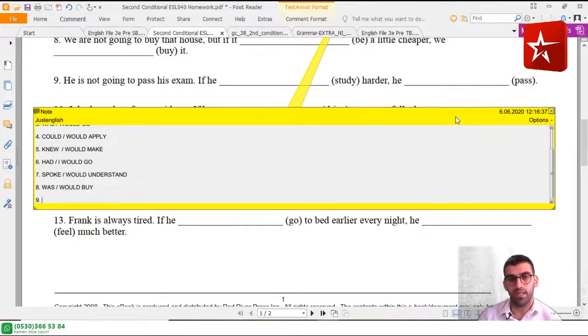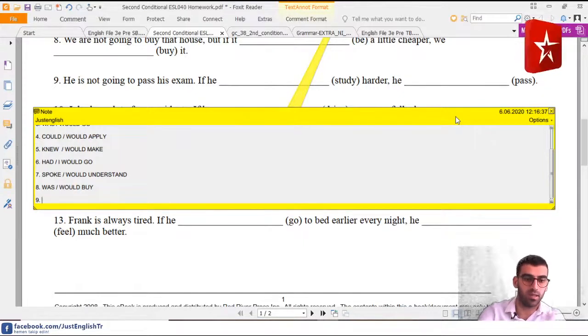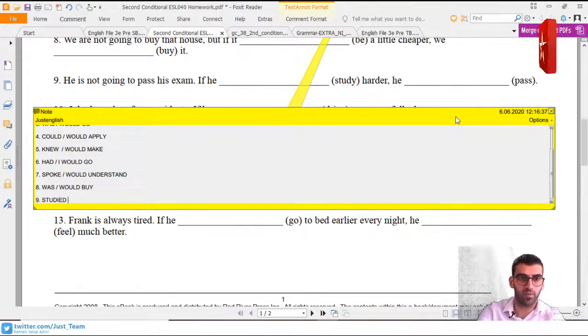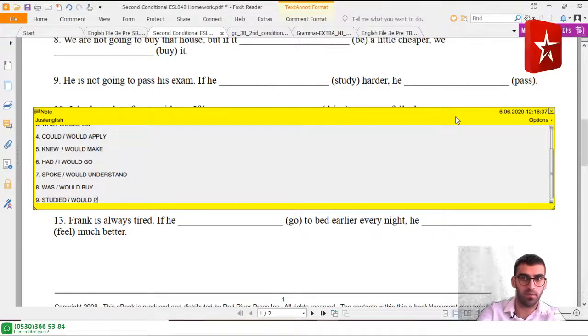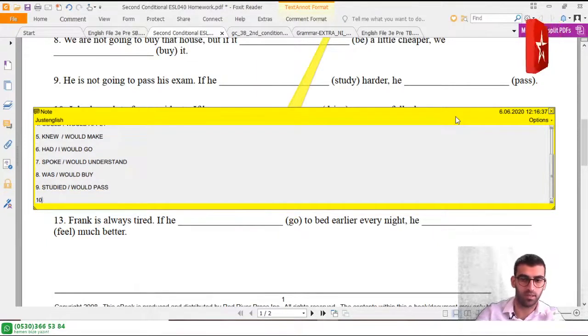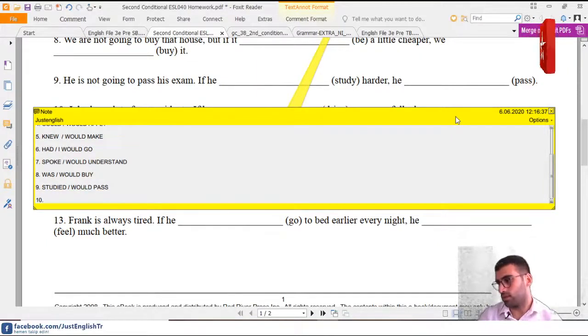All right, and for number 9, studied and would pass. Yes, studied. This is a regular verb, and we just have to add ed to the end of the verb to make it past simple form. And would pass. That one is correct.